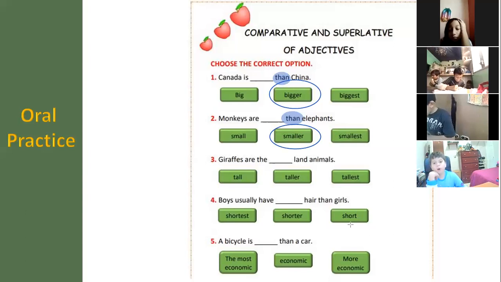What is the answer? Tall, taller, tallest. Taller. Is Diego correct? No. Why not?